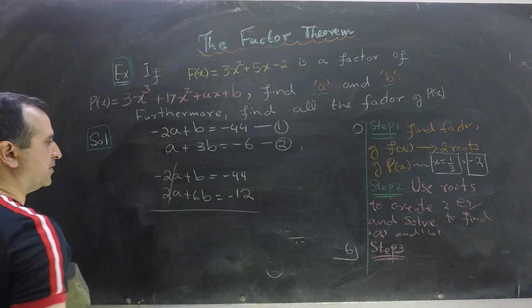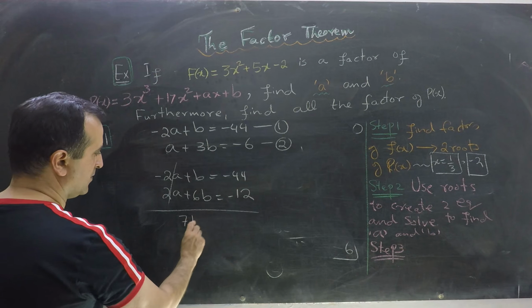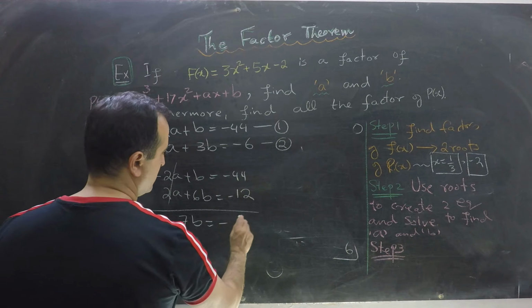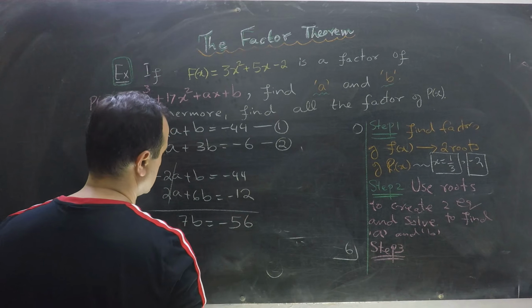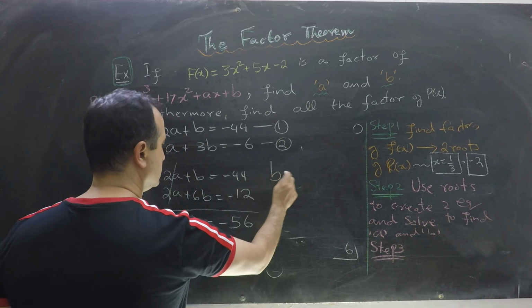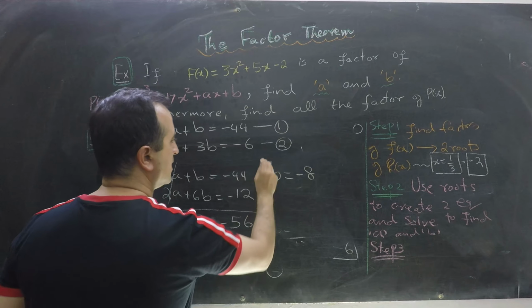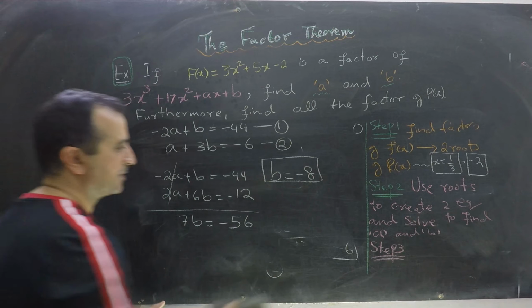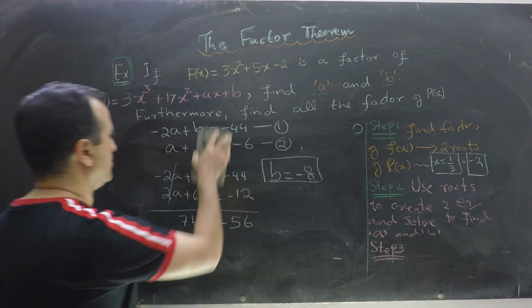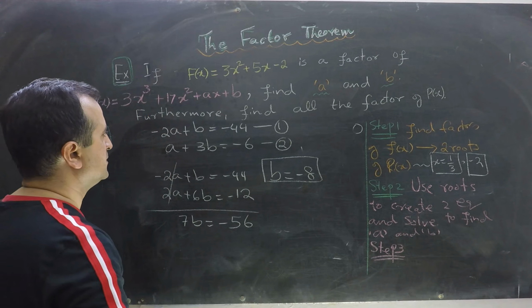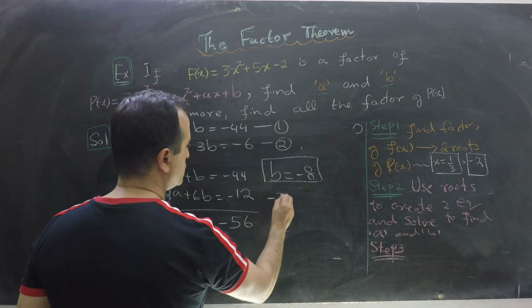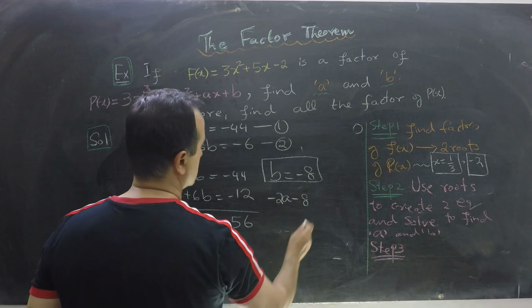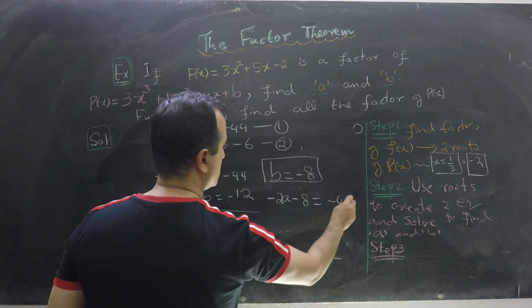So these terms will cancel. I will have 7b equals minus 56. So my value of b is minus 8. I have found one value. Finding the second value is easy. I just have to put minus 8 for b in one of those equations. Let's put it here. It is minus 2a minus 8 equals minus 44.